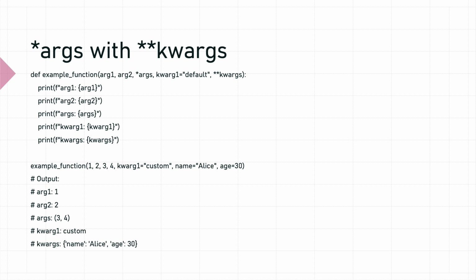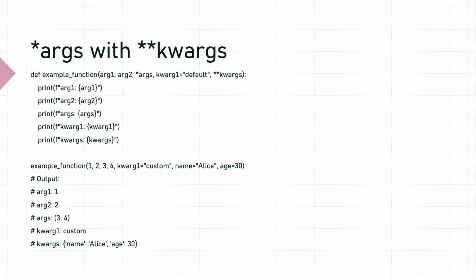Now in this example, we start off with arg1 and arg2, which are just regular positional arguments. Then we have *args, which collects additional positional arguments of an unknown count. Then we have kwarg1, which is a default keyword argument. And finally we have **kwargs, which collects extra keyword arguments, also of an unknown number of items.